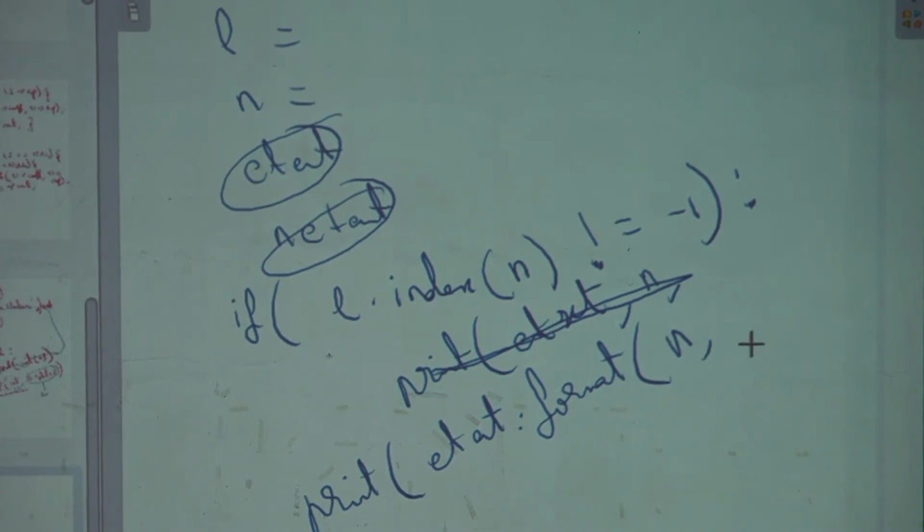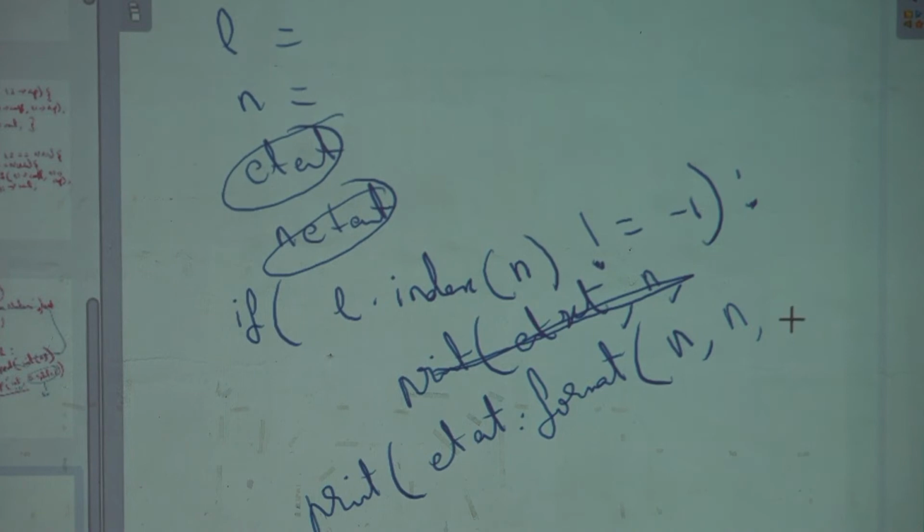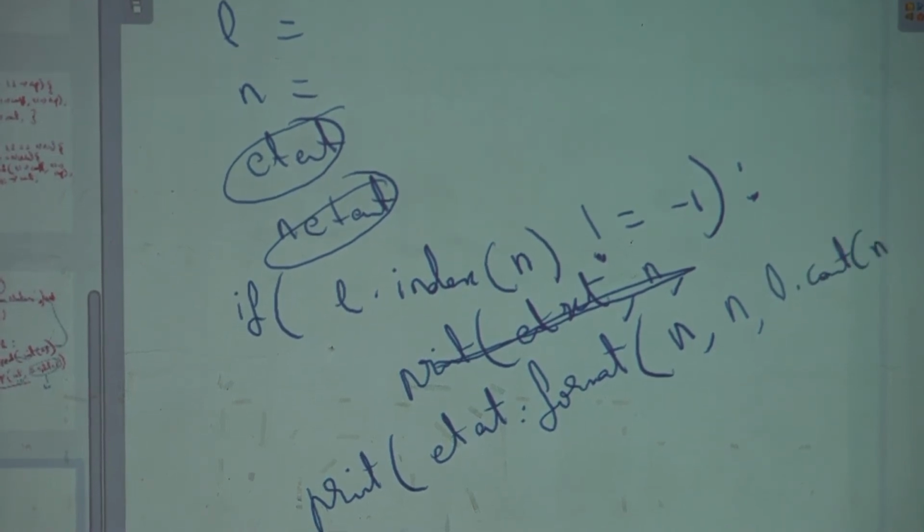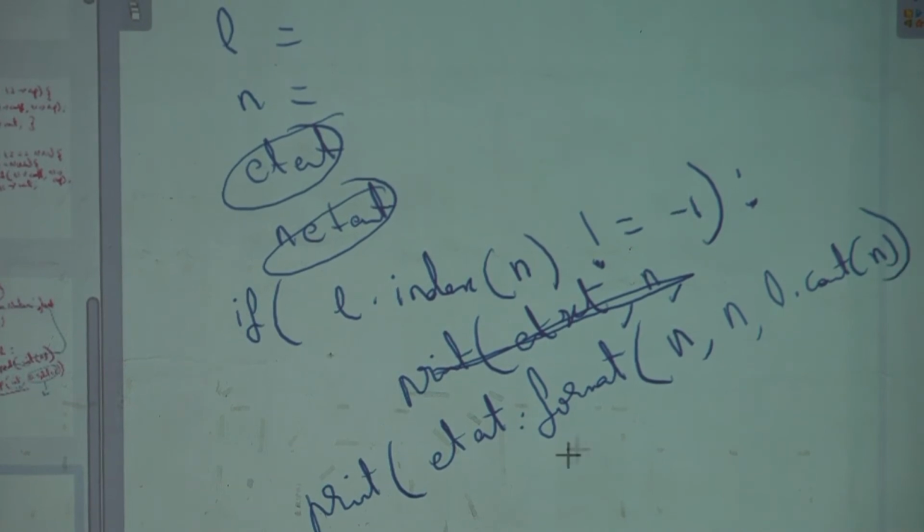Then what is the value? Again n. Comma n. Then we need one more, which is the count of n in that list. So I'll say it is already existing. So L dot count of n. So this is what I will print.